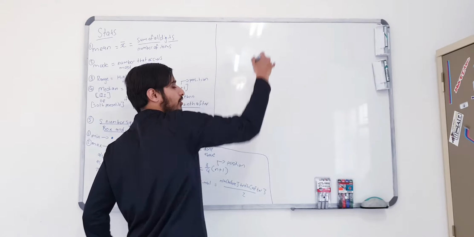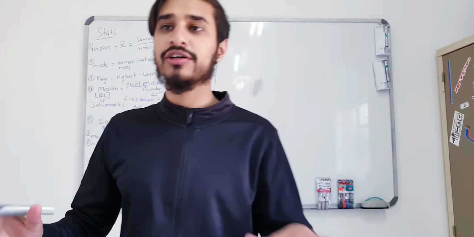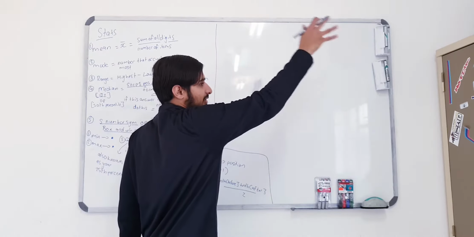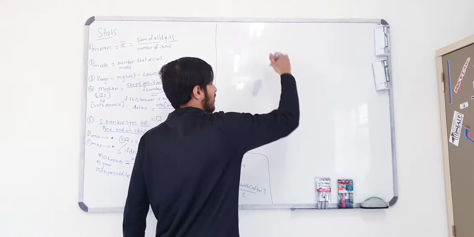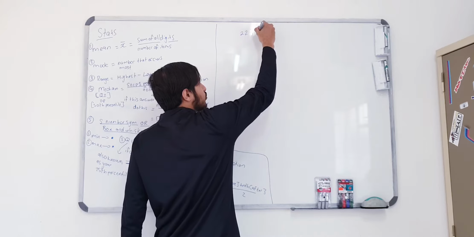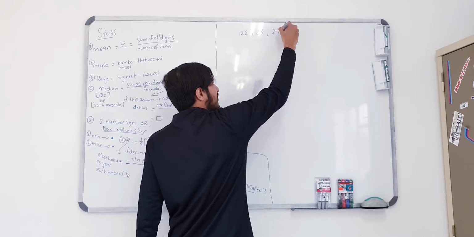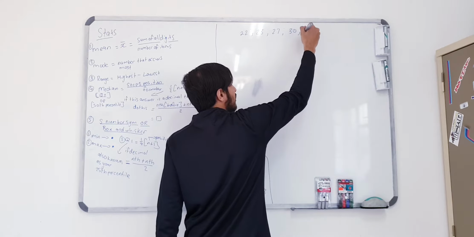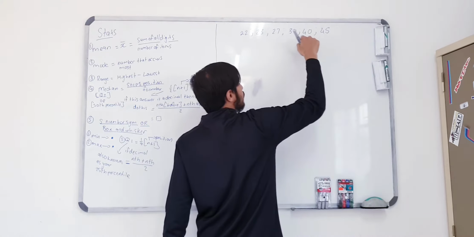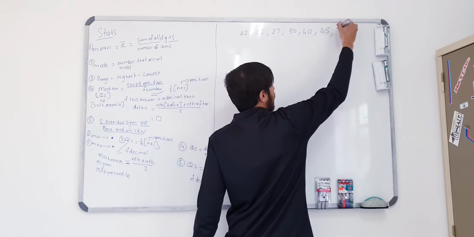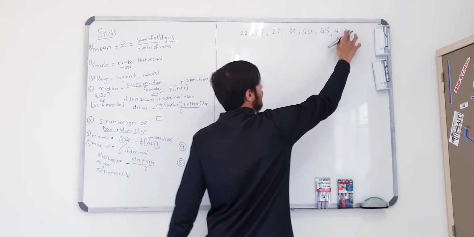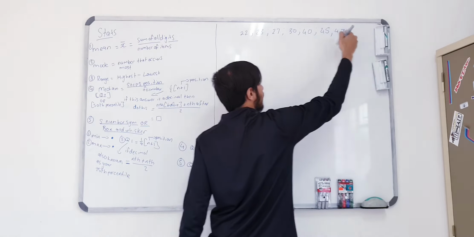Here I'm going to give you a whole lot of data. Say it's a bunch of people who scored out of 50 marks. We have, say, 10 students. The first student got 22 out of 50, 23 out of 50, 27 out of 50, 30 out of 50, 40 out of 50, 45 out of 50, 47 out of 50.